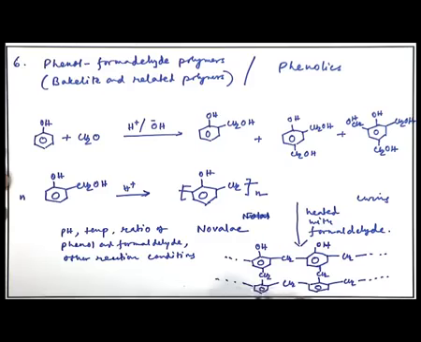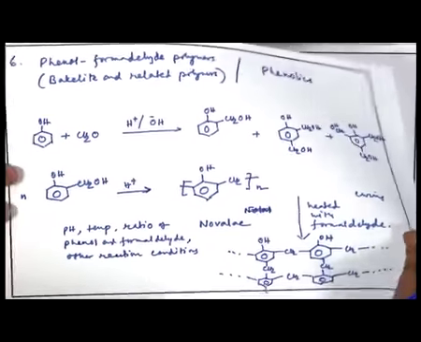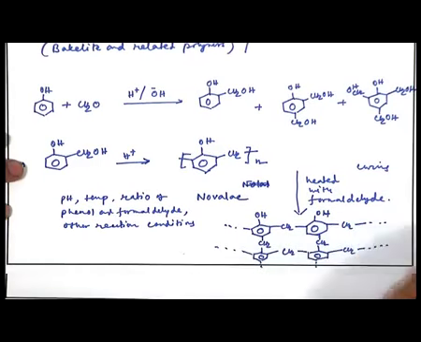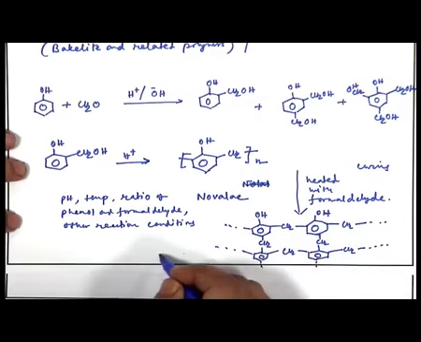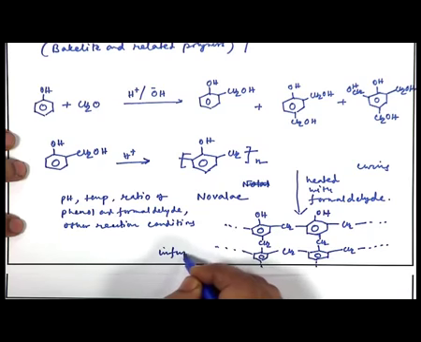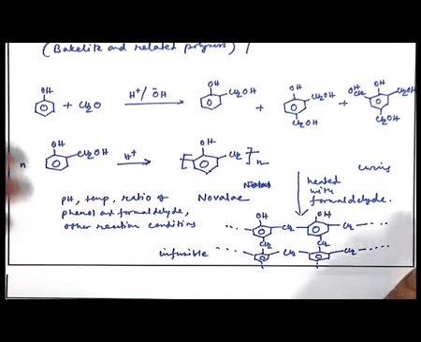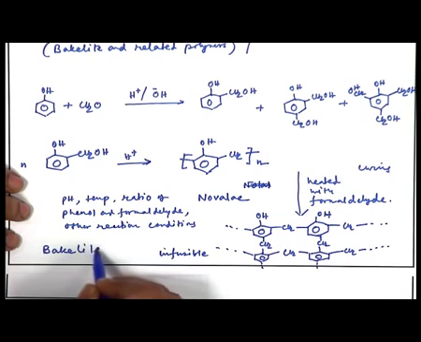You can imagine that you are making a cross linked product where you extend it in all directions, this direction, this direction, this direction. So this is a cross linked product, and as a result this is infusible. You cannot recycle this product, and this product is also known as Bakelite.